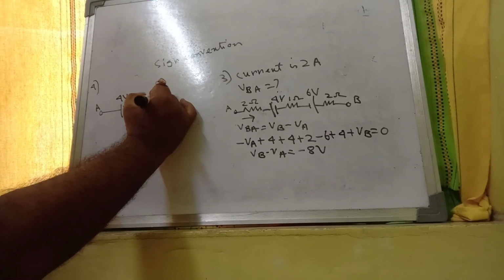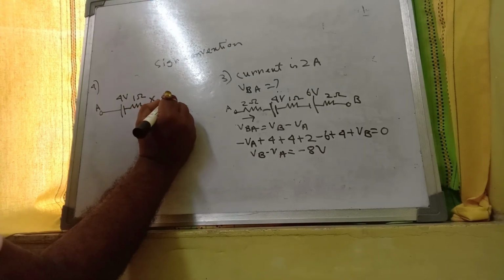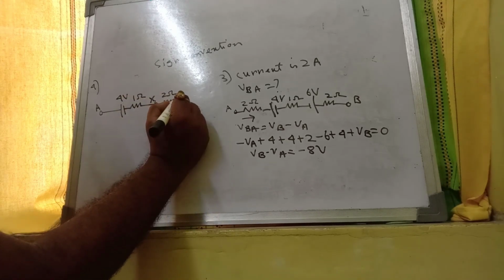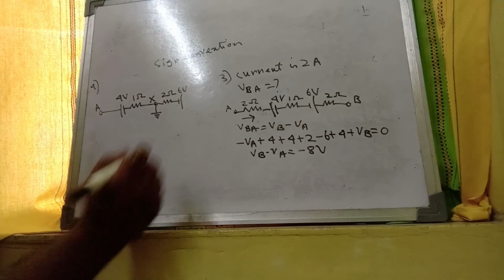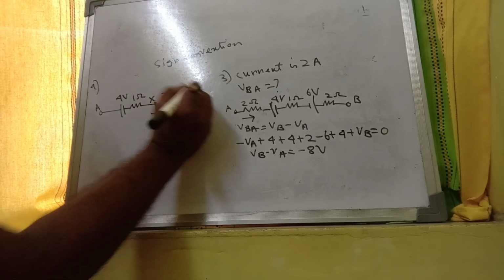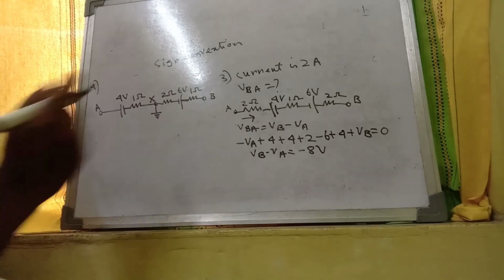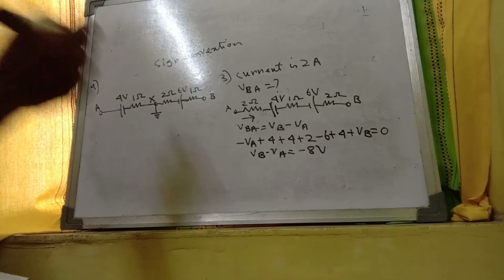This point X. Now 2 ohm. Then 6 volt. One ohm, and then the point B comes. Now, so a part of the circuit is given to you, and the point X is grounded.